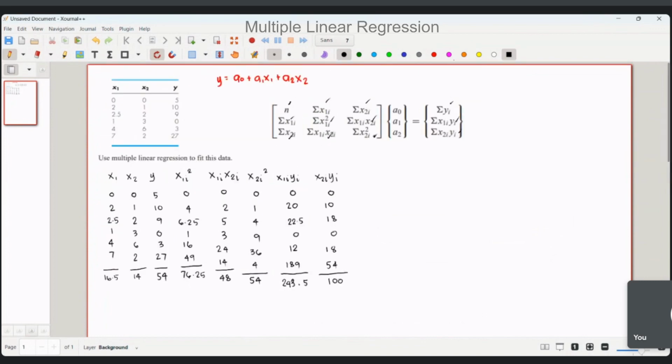We need to do n, let's call it B. N is 6, summation of our x1, that's 16.5.